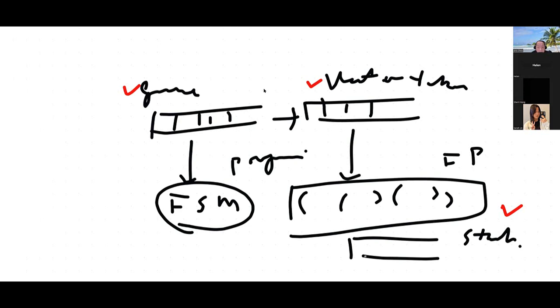But here you see them all show up to help with processing. First, we use a finite state machine to help tokenization, categorizing the different tokens into numbers and parentheses.